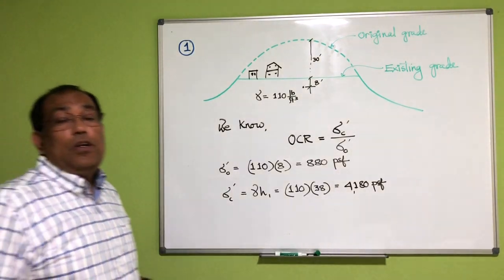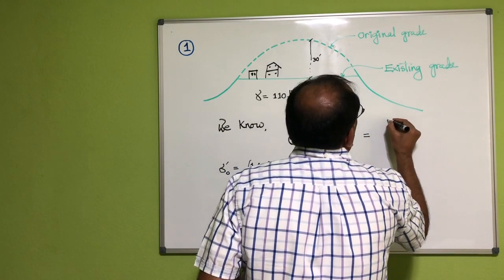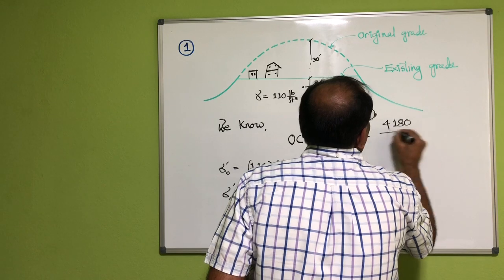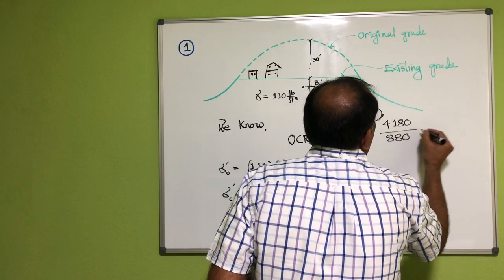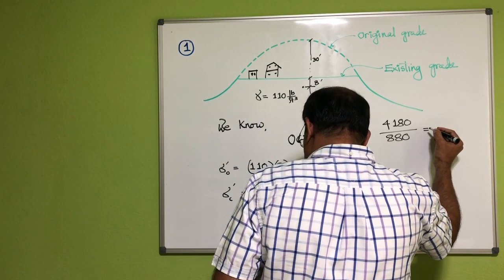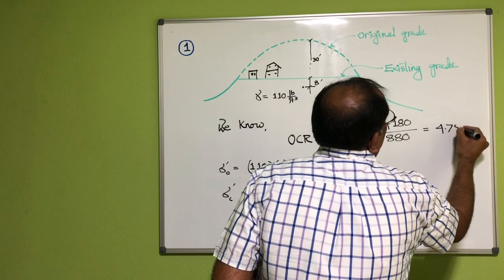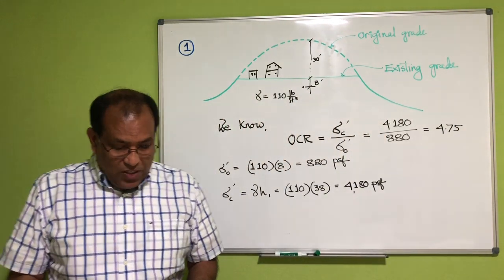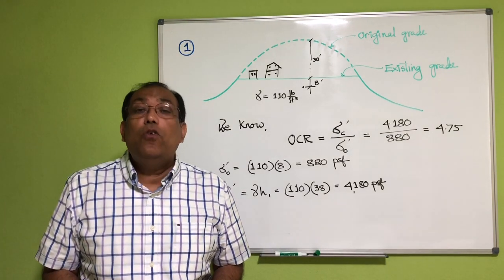So my over consolidation ratio would be 4180 divided by 880, which is equal to 4.75. So the answer is E. Your over consolidation ratio is 4.75.